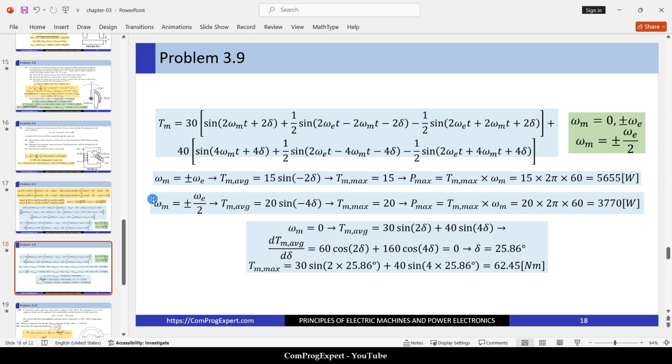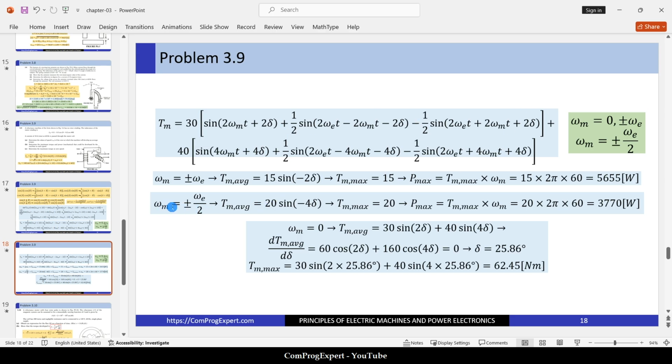The next one, when omega m is plus or minus omega e divided by 2, if you replace this in this term, yes, we will have this average value. The rest are 0, the average value of the rest.